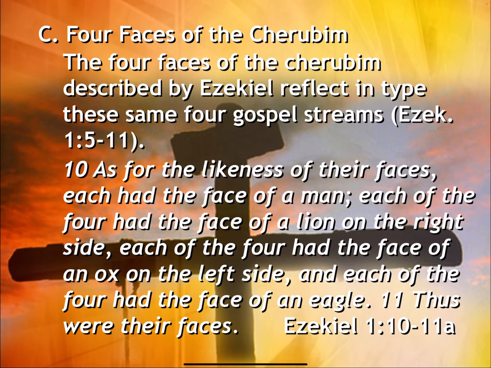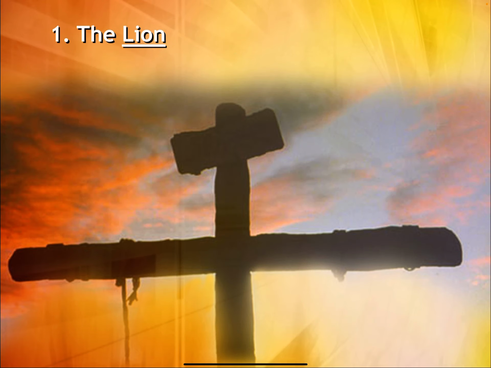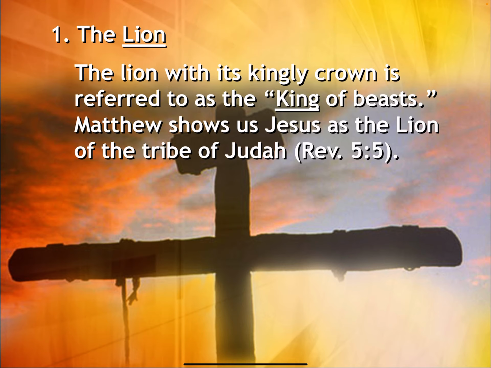Thus were their faces. The lion with its kingly crown is referred to as the king of beasts. Matthew shows us Jesus as the lion of the tribe of Judah. In Revelation chapter 5, verse 5, we see Jesus presented as the lion of the tribe of Judah.